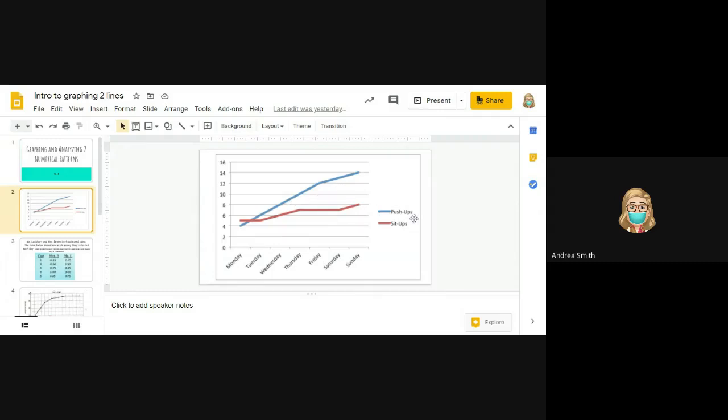If you were measuring your push-ups, you'd go to Monday and say, how many push-ups did I do on Monday? First of all, you can pay attention to the differences in colors. Your push-ups are in blue, your sit-ups are in red. So you would go to Monday and say, I did 4 push-ups here.